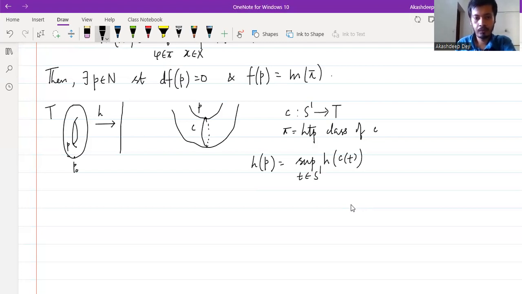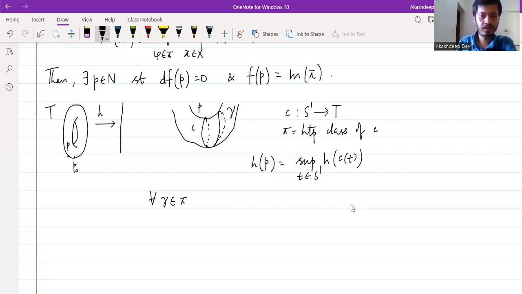And for all gamma in the homotopy class phi, so let us say gamma is this curve.